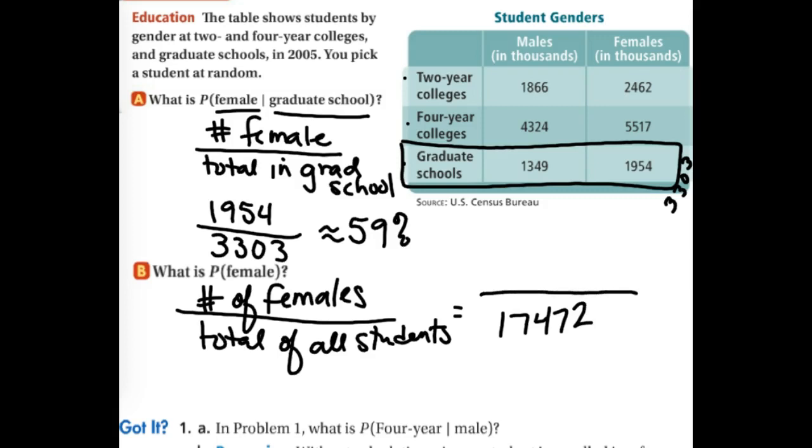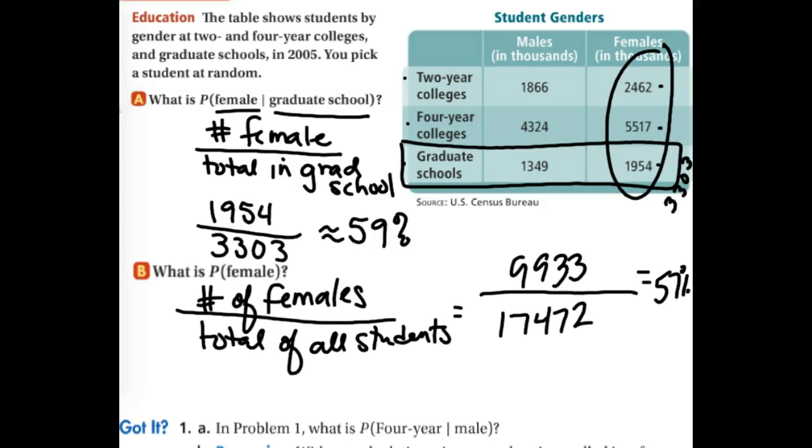Okay. Now, total number of females. Then we just add this column, right? Total number of females. So if we add this and this and this, we got what? 9933. All right, 9,933. And then if we divide, we get, what was it? Anybody else get 57%? Okay.